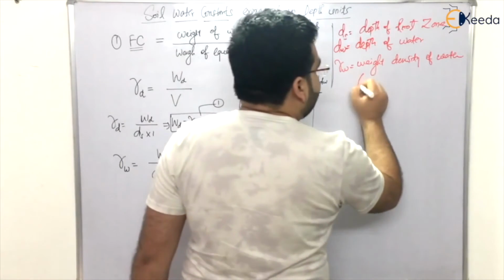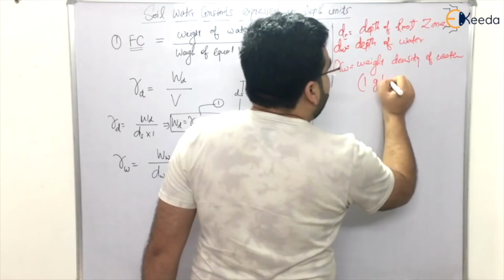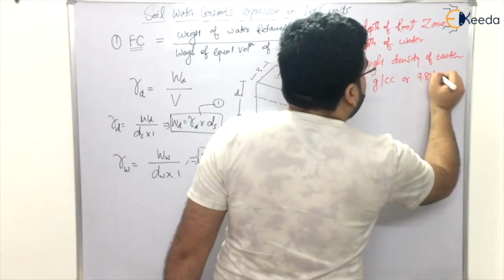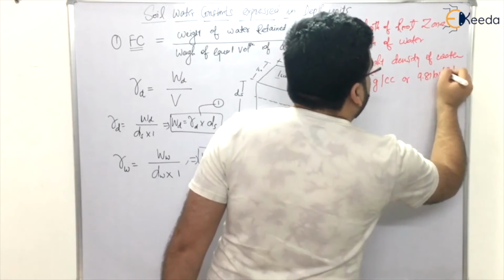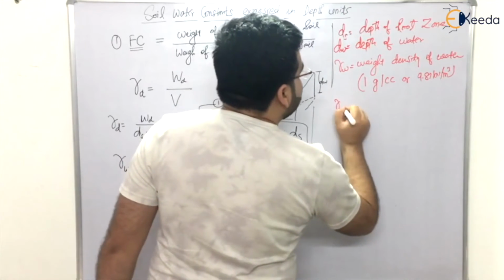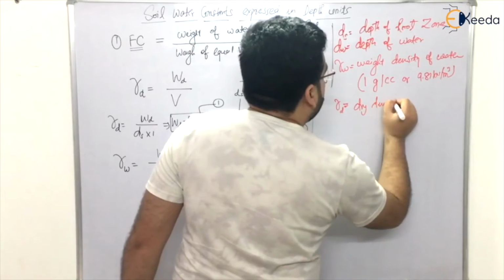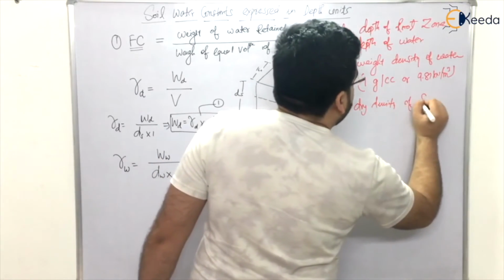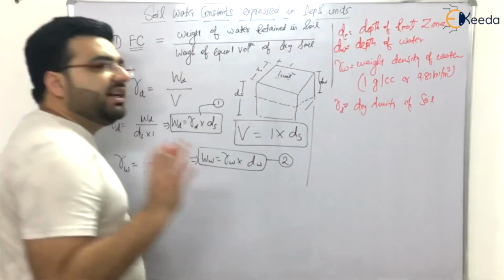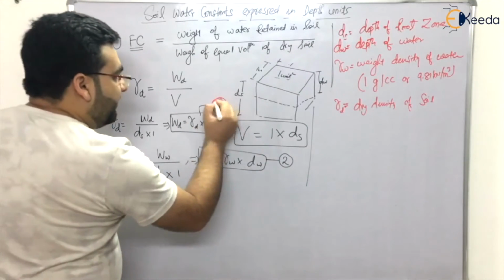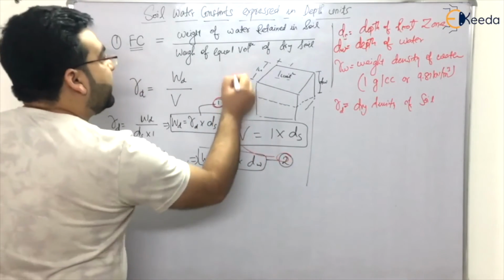If it is not given to you, it is generally taken as 1 gram per centimeter cube or 9.81 kilonewton per meter cube. You must be knowing this, right? And gamma d is the dry density of soil. Dry weight density of soil. Clear?